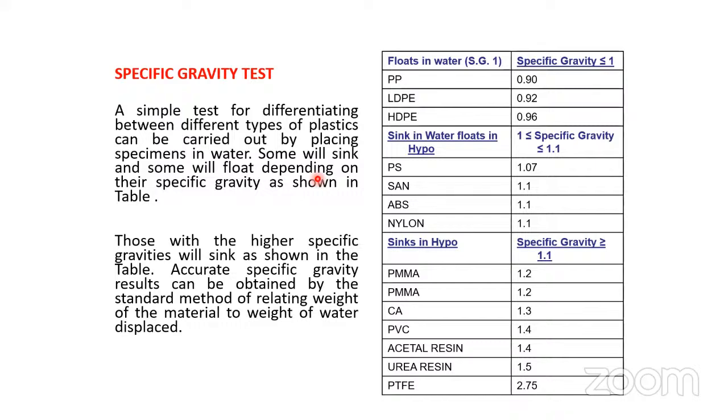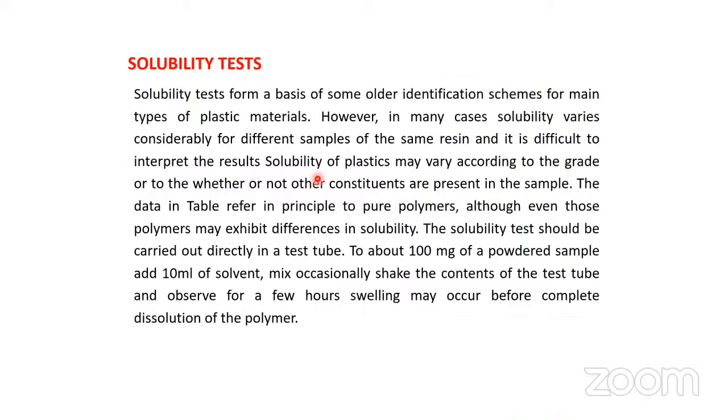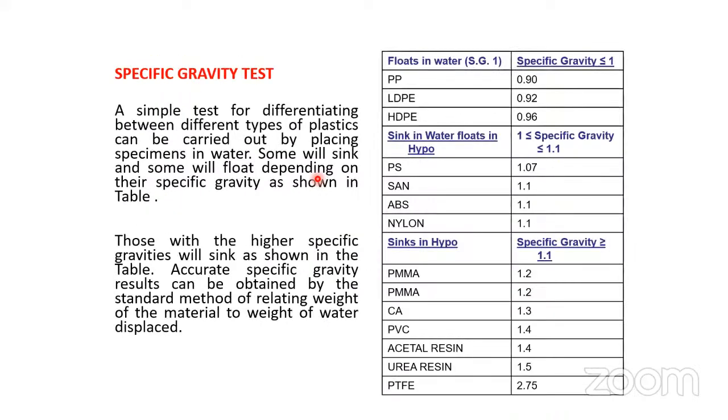Sir, one doubt: when the weight is very low, how can we check the density? It is not like a densimeter; we can see the weight in air, but in water it is going to float. See, it depends on your density, not weight. Obviously your density depends on the weight of the polymeric system.